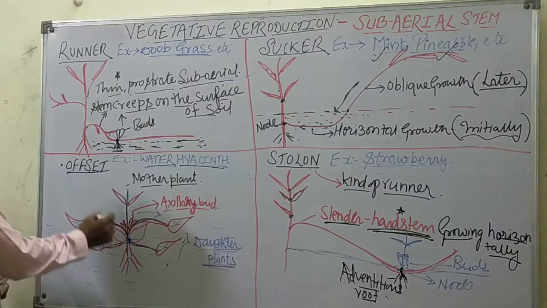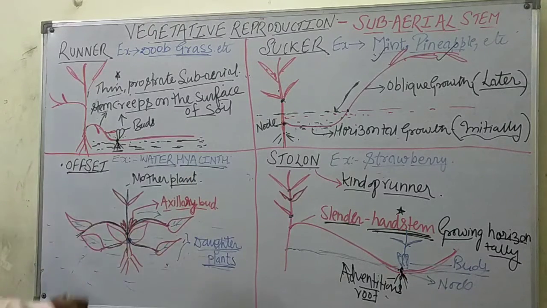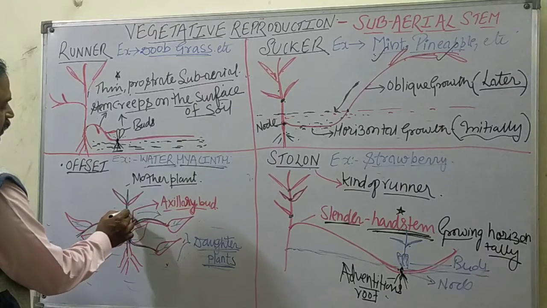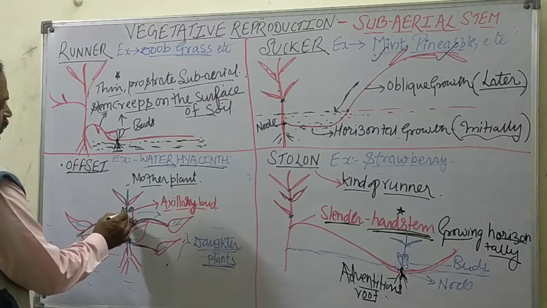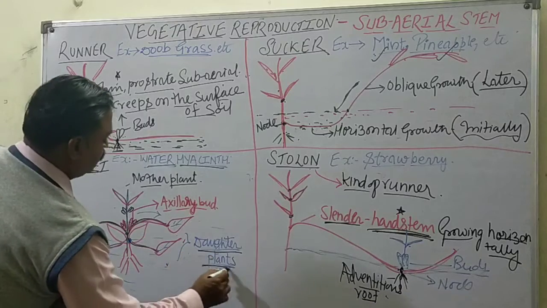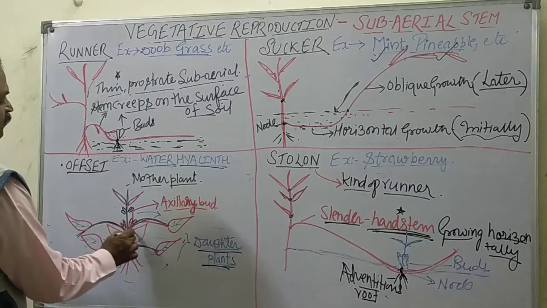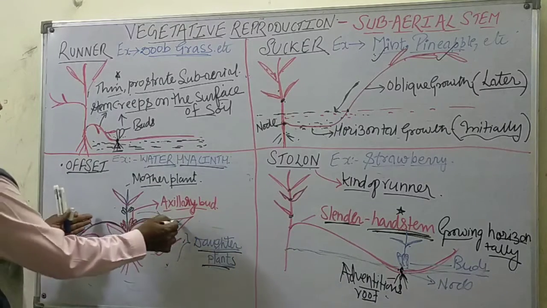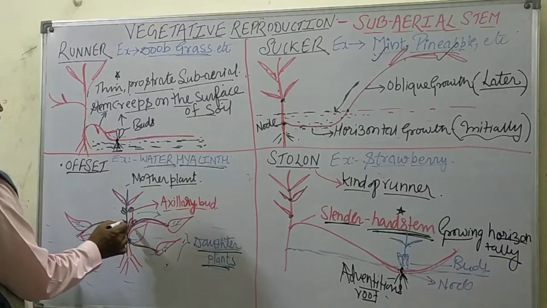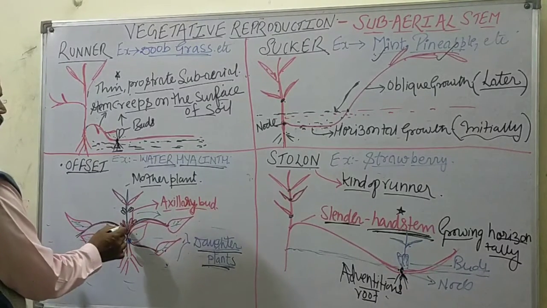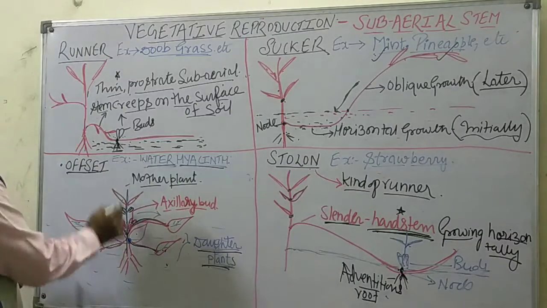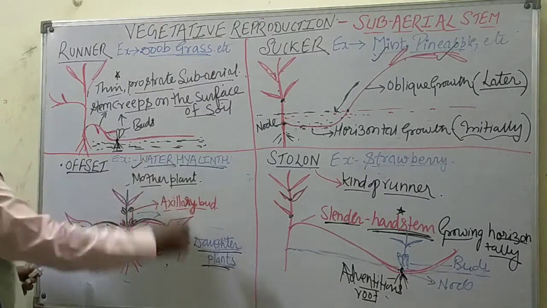This is the mother stem, and these are the axillary buds on the stem of the mother plant. These axillary buds produce many small daughter plants. These are offsets. Isn't it? So we can say vegetative reproduction occurs from the axillary buds produced in the mother plant. And the example is water hyacinth.